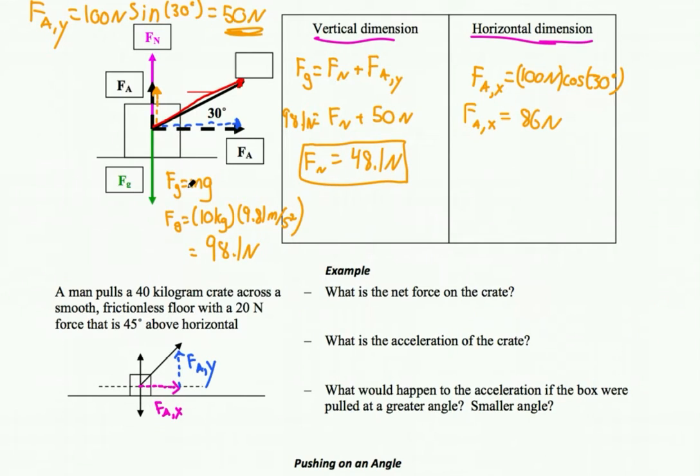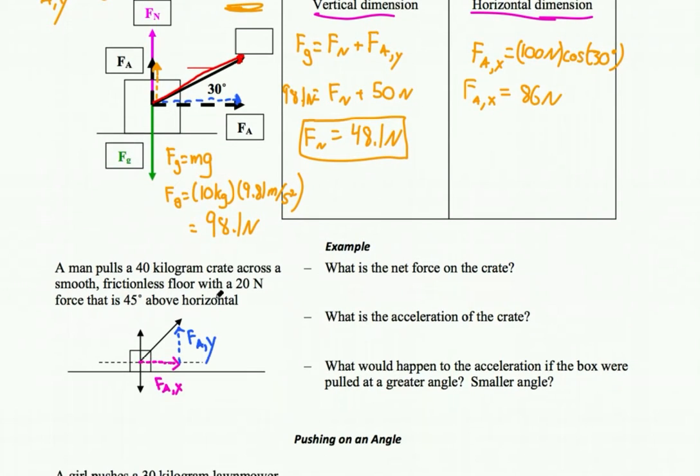And the answer to that is that if I've got a vertical component of my applied force, then however much my vertical component pulls up, it takes away from the amount that the normal force has to push up. So if I have 10 newtons pulling upwards from my applied force, then my normal force pushes upwards 10 newtons less. And that makes conceptual sense, right?